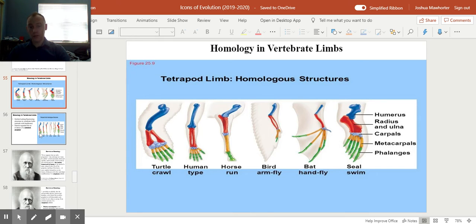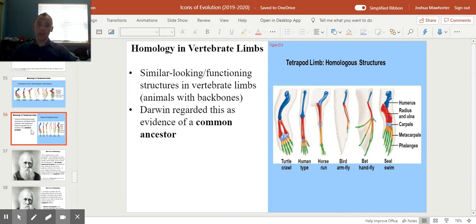Now, let me talk through why that's the case. So homology, as I mentioned, in vertebrate limbs, similar looking or functioning structures in vertebrate limbs, meaning animals with backbones. And so these structures look the same, they're named the same things, they're classified the same way, they're similar looking structures, but they don't always function the same way. That's important to keep in mind.